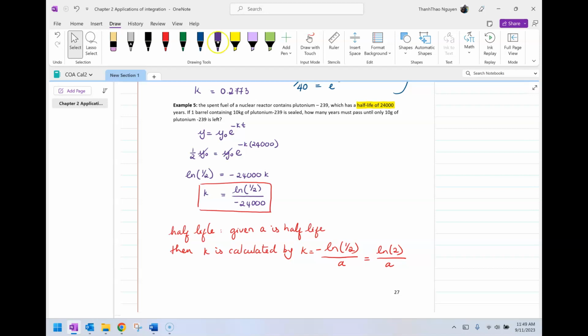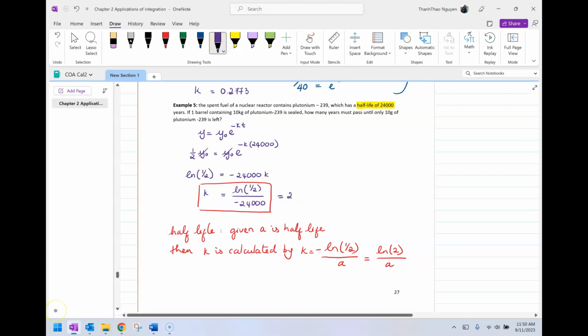So with this formula, we'll get k equal to 2.89 times 10 to the negative 5. So k is a really small number.